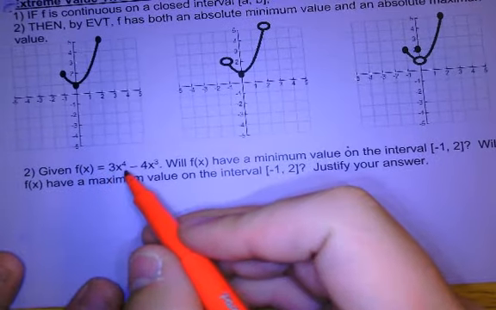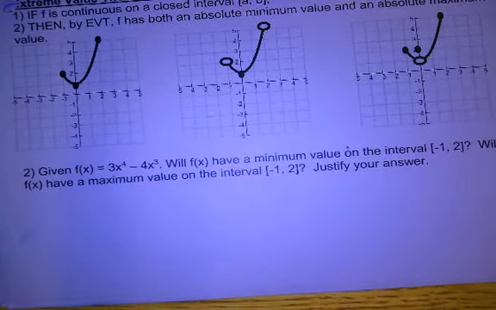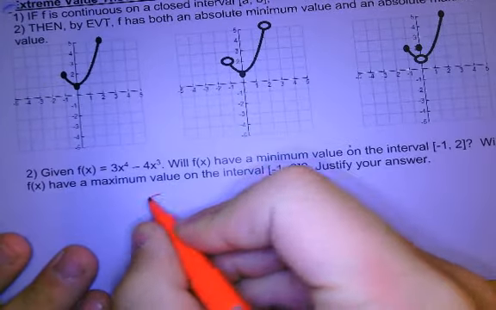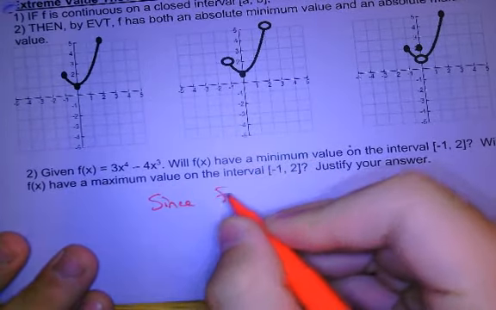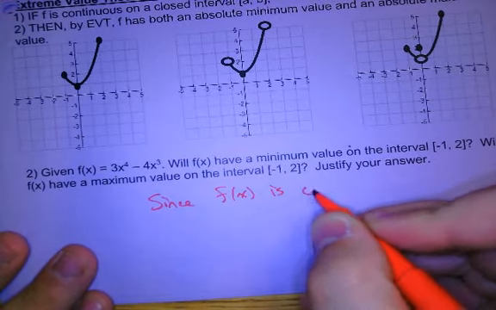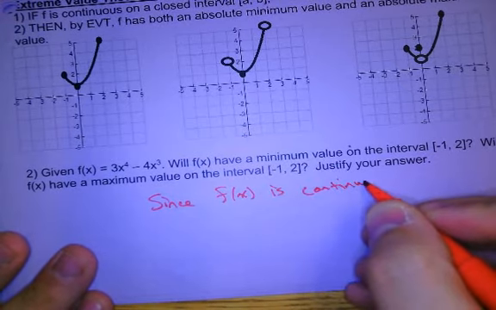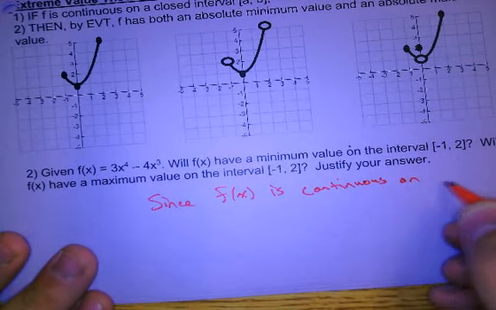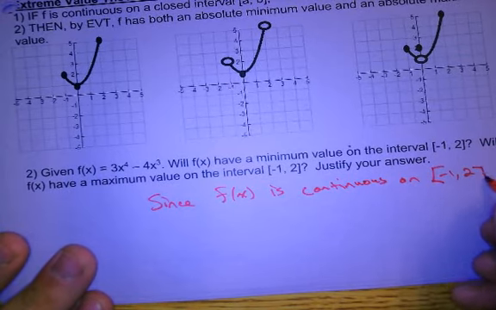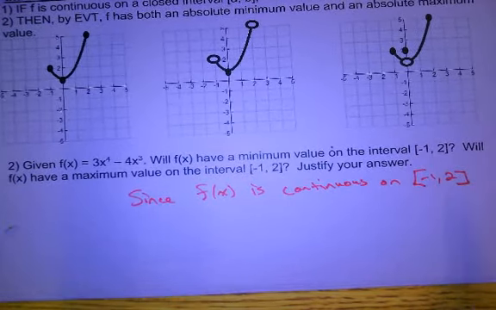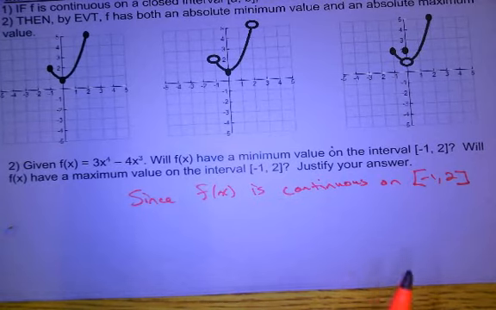So given this function right here, is it continuous? It's a polynomial, people. So since f of x is continuous on -1 to 2, believe it or not, you don't even need that -1 to 2 because a polynomial is continuous everywhere.